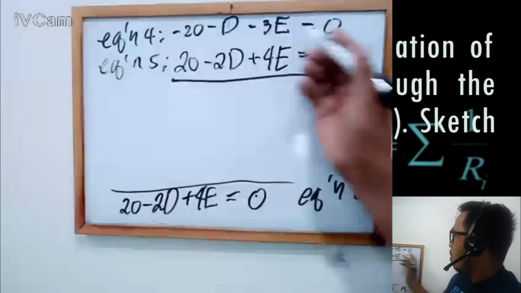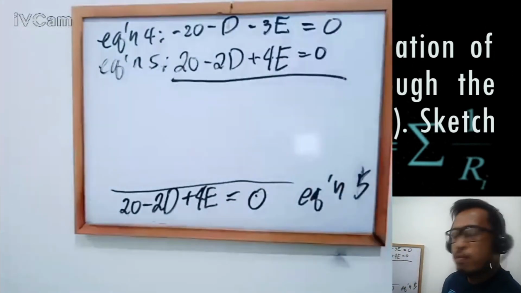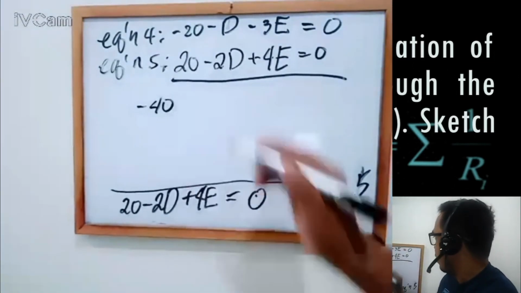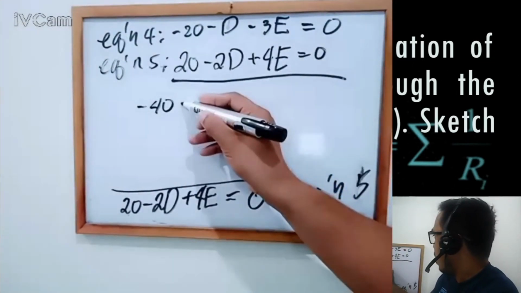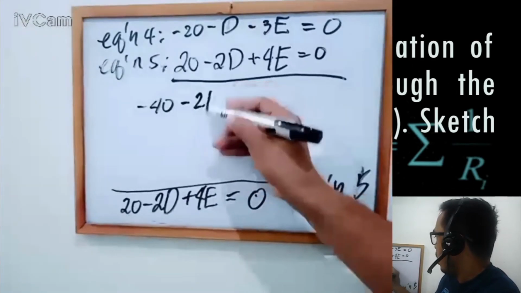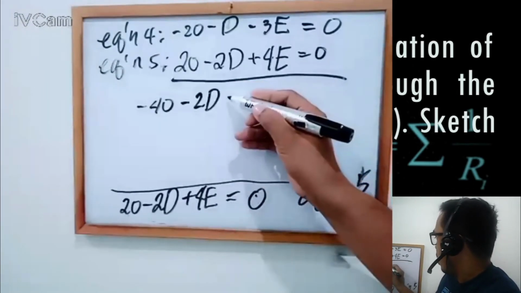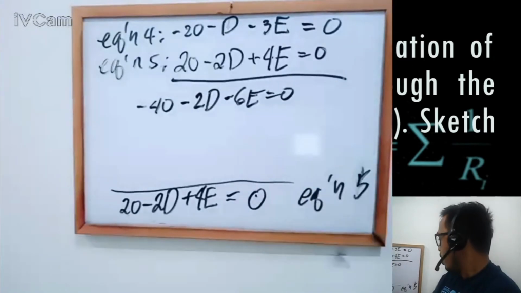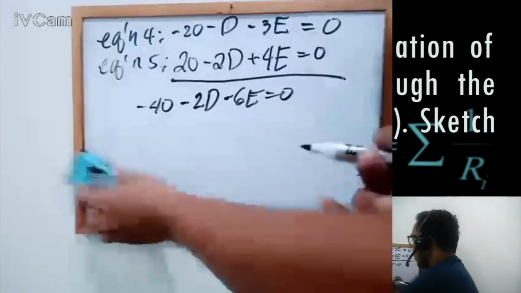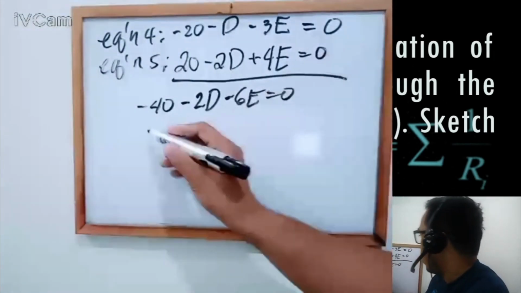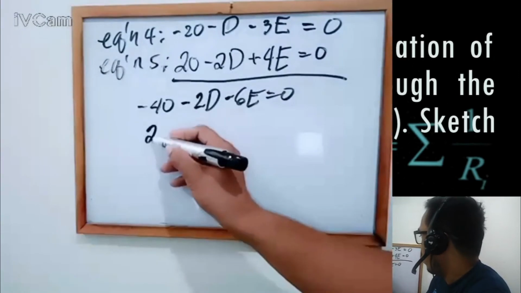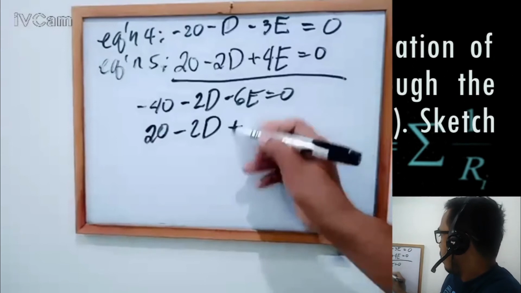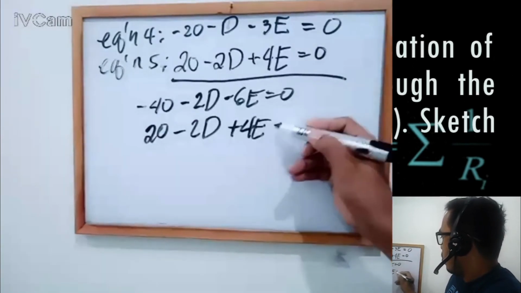Say we will multiply equation number 4 by 2, so you will have negative 40 minus 2d minus 6e equal to 0. Then we will just simply copy equation number 5, so you have 20 minus 2d plus 4e equal to 0.